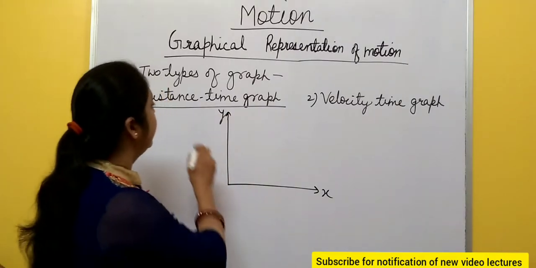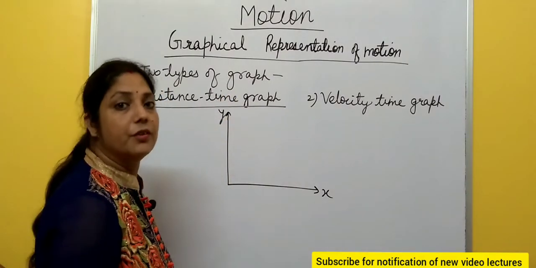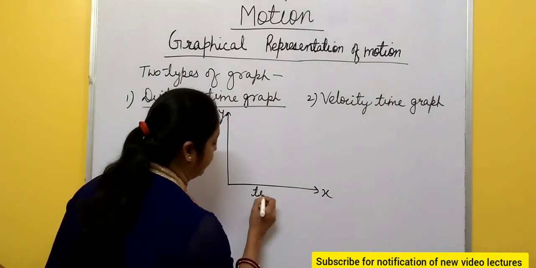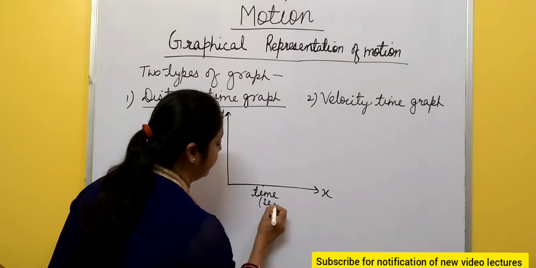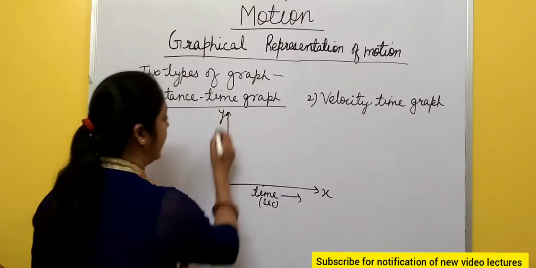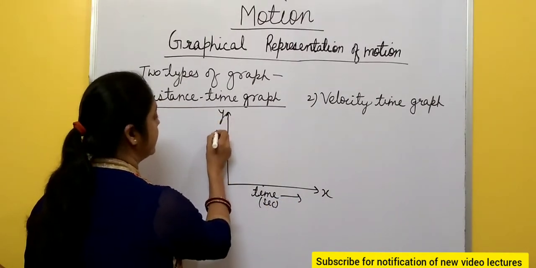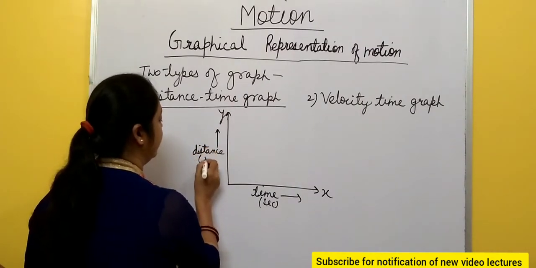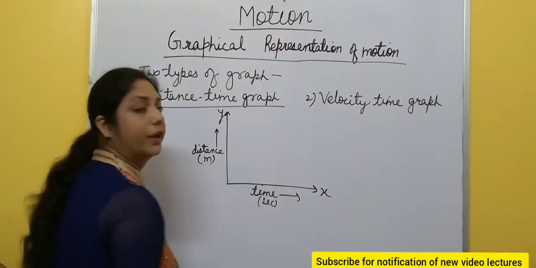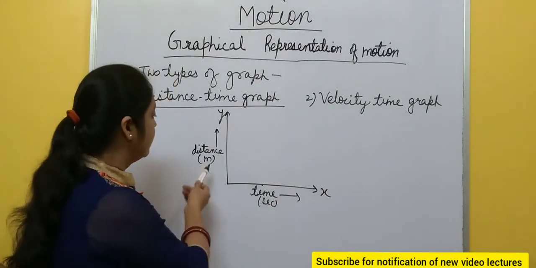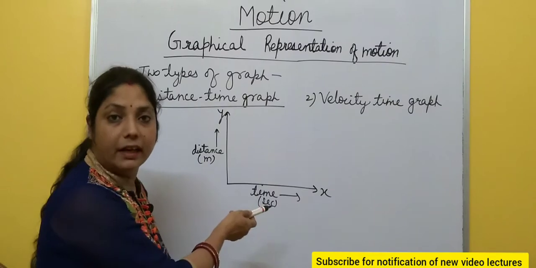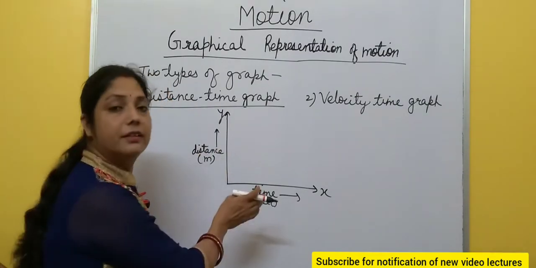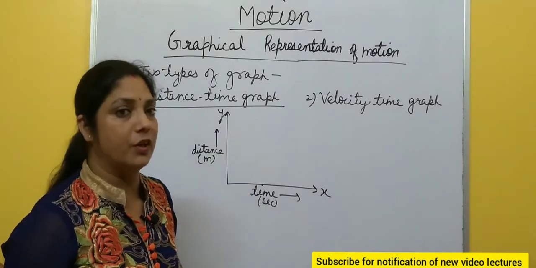In a distance time graph, we always take time along the x-axis, time in seconds, and distance along the y-axis, and distance is always in meters. One more thing: this change of distance with time gives what? Speed. In the same way, displacement changing with time gives velocity.